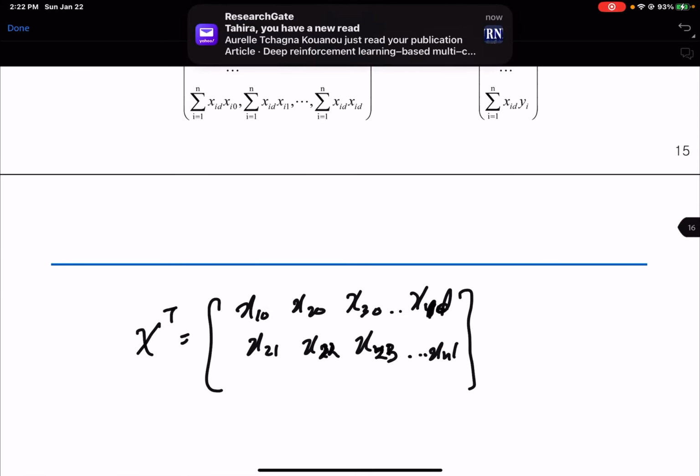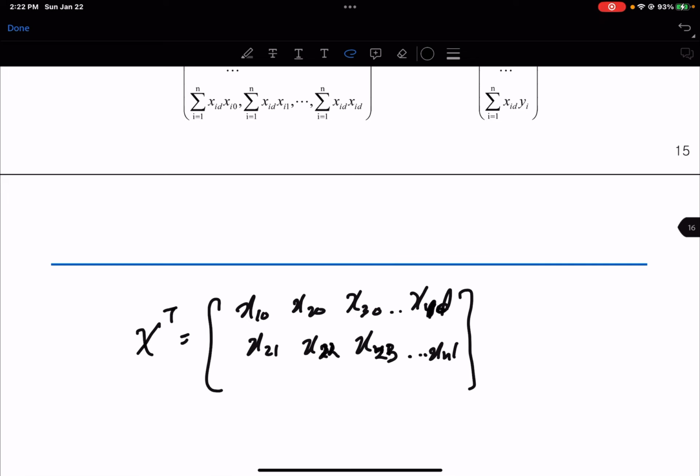So in this form we have your X transpose, and the X we had was 1 0, 2 0, 3 0 up to 1D.